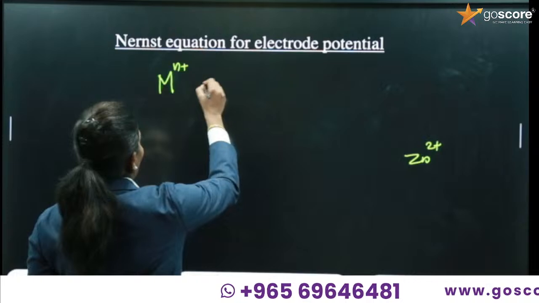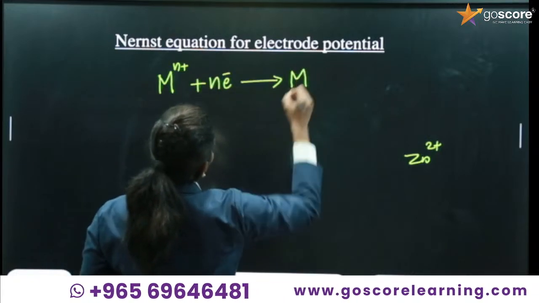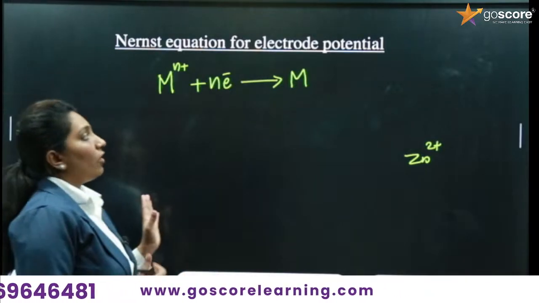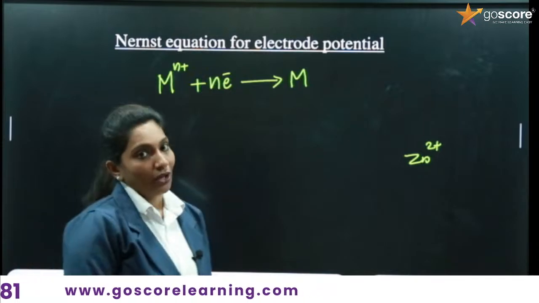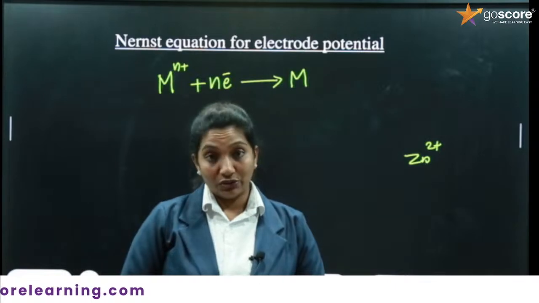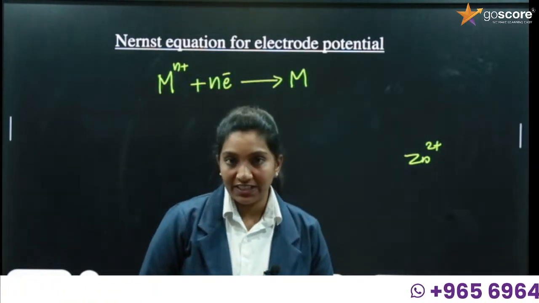Mn+ accepting n electrons will convert into M, right? So here we are not keeping the metal electrode at 1 molar concentration, then how can we find the electrode potential? Here the temperature will be 298 Kelvin.